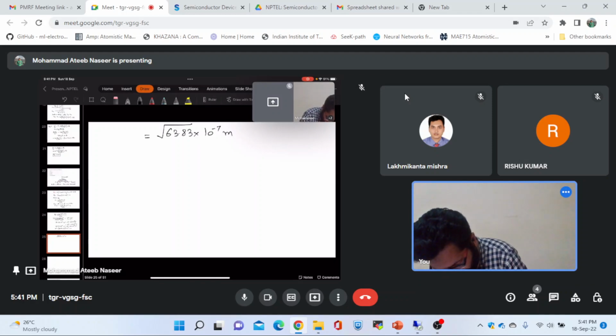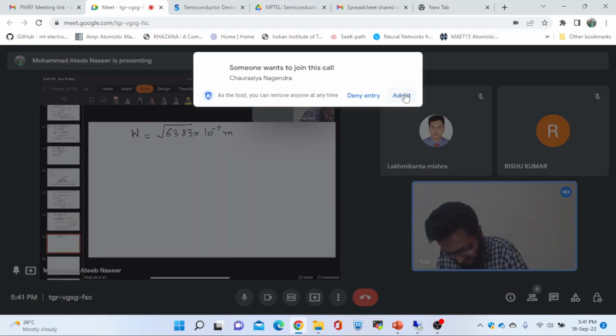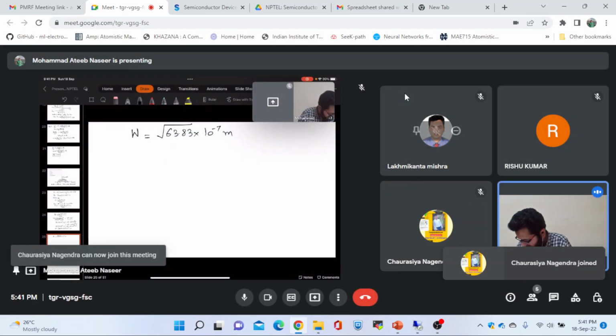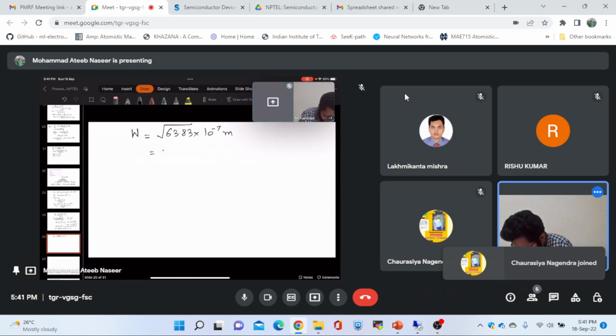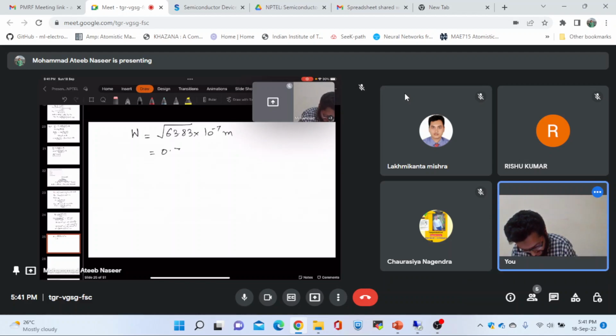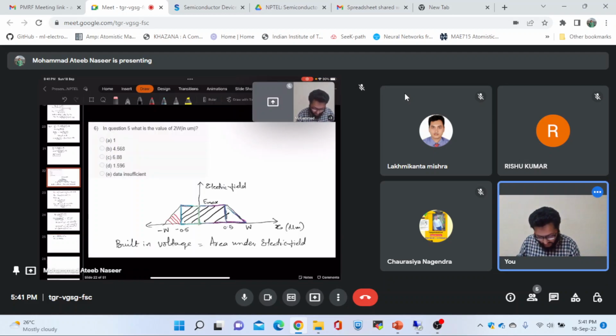This is in meters. This is the depletion width, W. So if I take the square root of this quantity, it would come out to be equal to 0.798 micrometer. This is the value of W. That's what I think we were supposed to do.